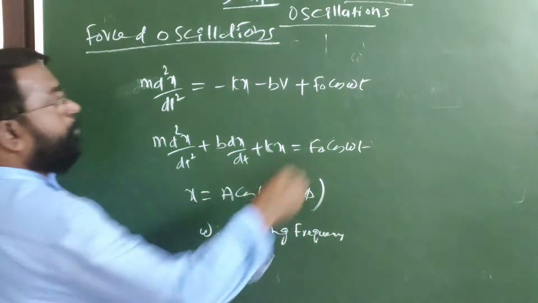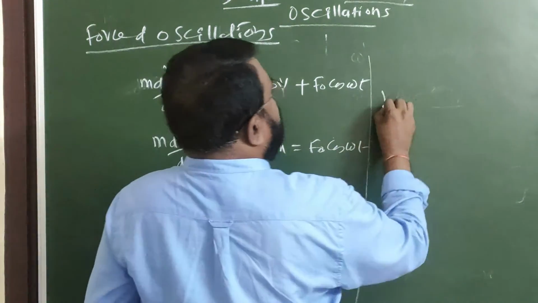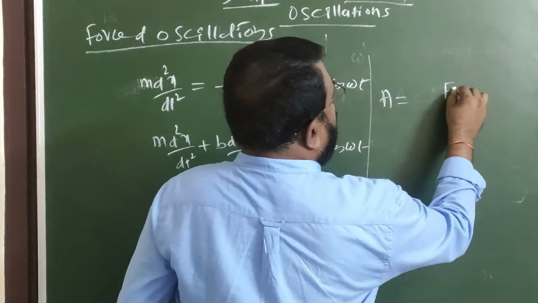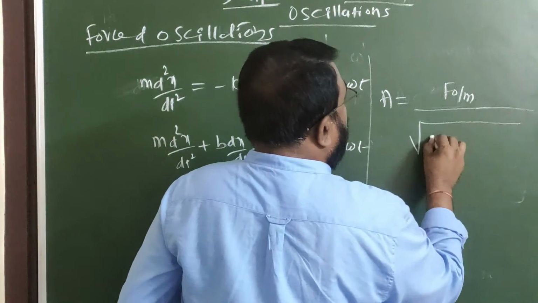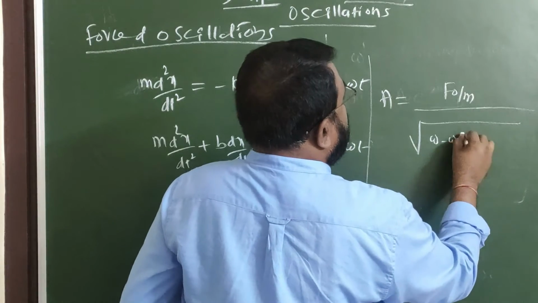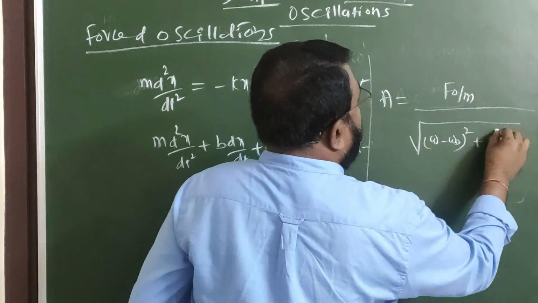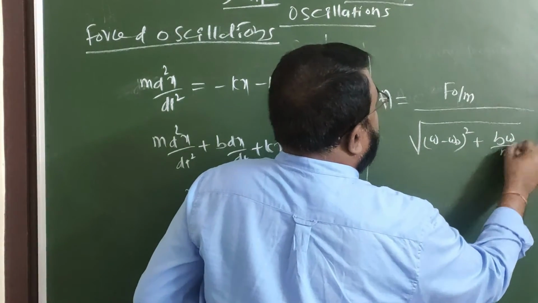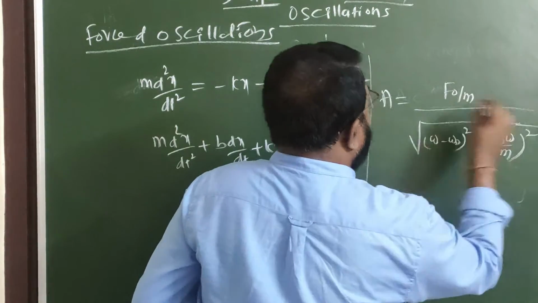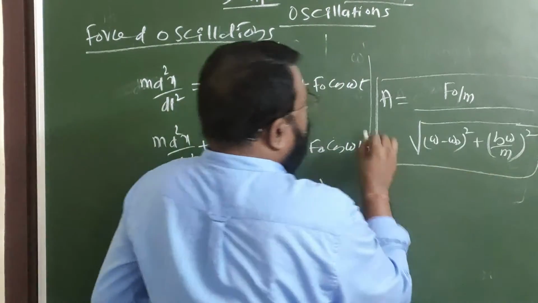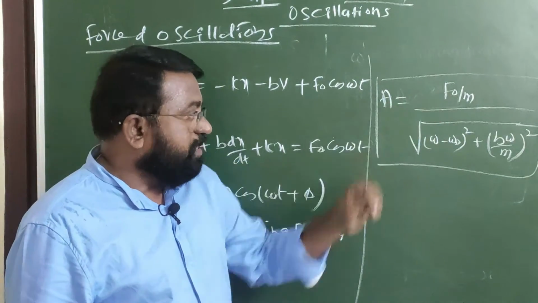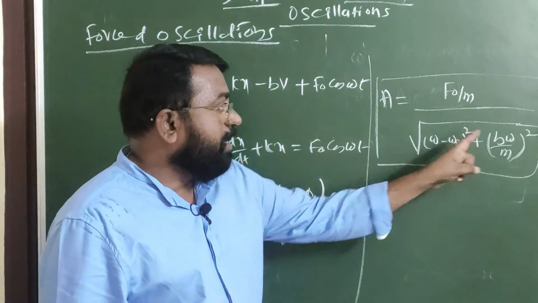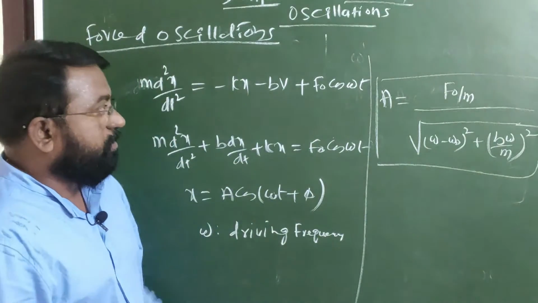Where A is the amplitude, here the amplitude is constant, and A is equal to F naught by m, divided by square root of omega naught square minus omega square, whole square, plus b omega by m whole square. Therefore, this amplitude depends on the periodic force F naught, omega and the damping coefficient.